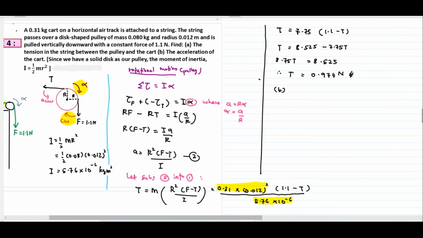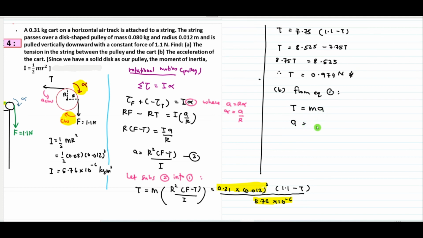Then for B, let's read the question. We want to find the acceleration of the card. From equation number 1, we already know that T is equal to M, the mass of the card, times the acceleration.